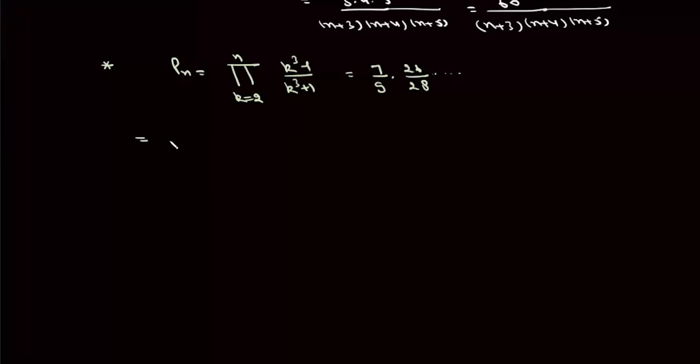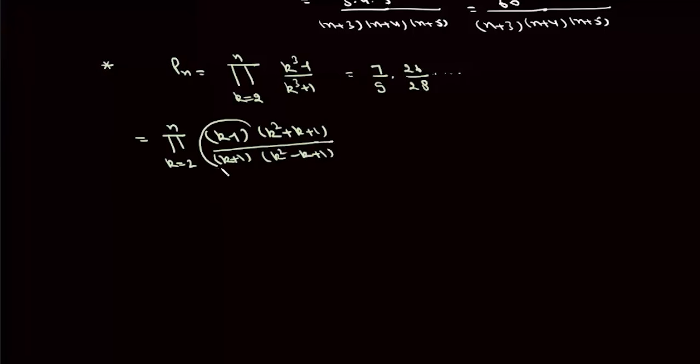But if we expand it like this, K varies from 2 to N, this is (K minus 1)(K square plus K plus 1) upon (K plus 1)(K square minus K plus 1). Now we know that these two are related and they are shifted by 2, so it's a linear shift by 2.